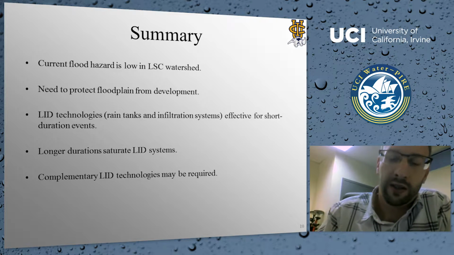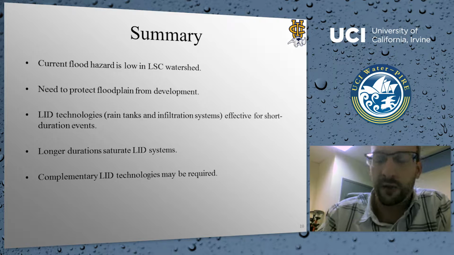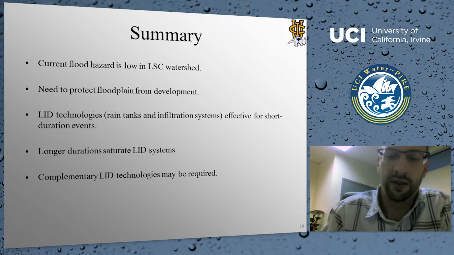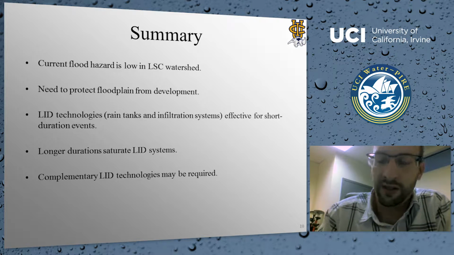LID technologies that we've tested, rain tanks and infiltration systems, seem to be effective for short duration events. But as these events have larger return periods and longer durations, the rainfall saturates the LID systems very quickly, and they become less effective at mitigating flooding.